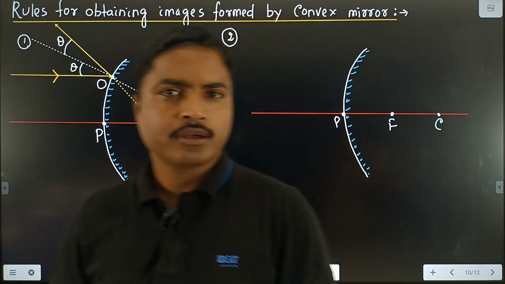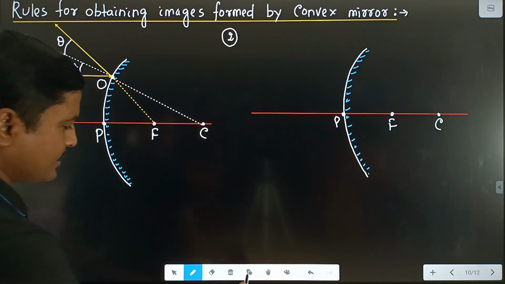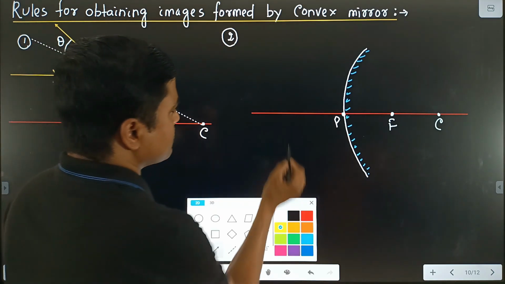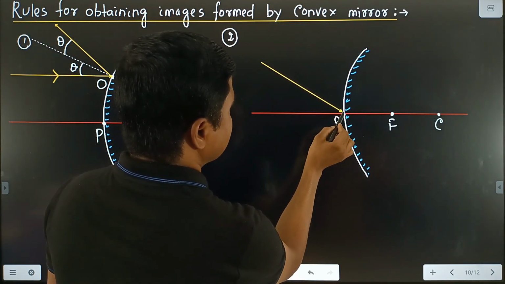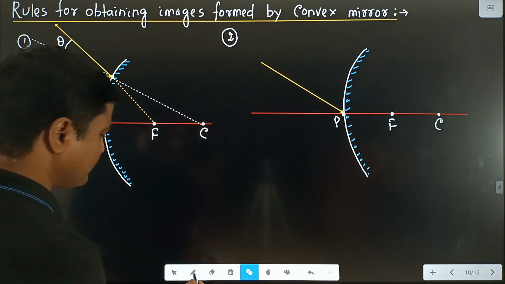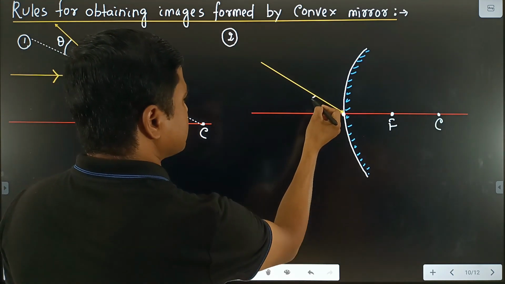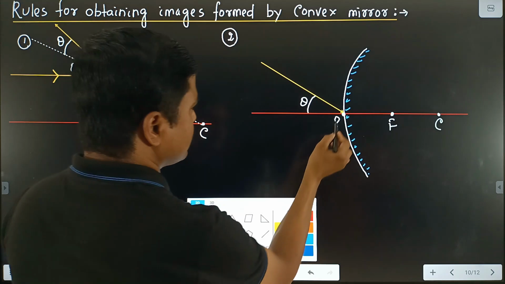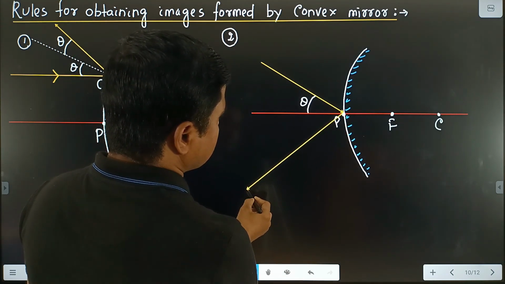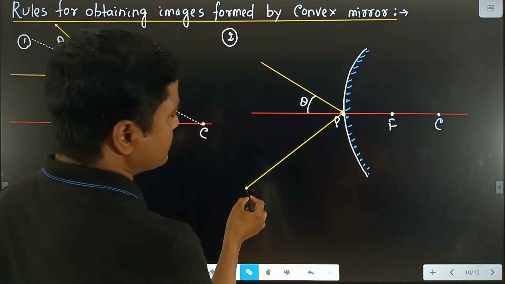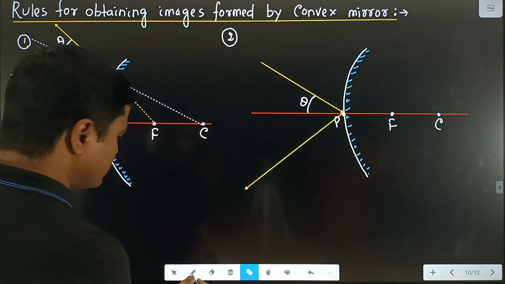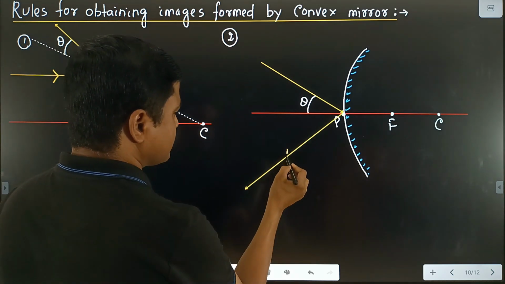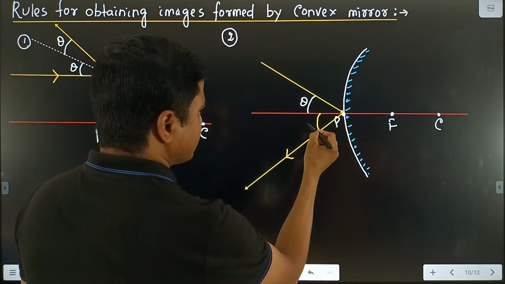Clear? And here the incident ray, suppose, makes some angle theta with the principal axis. Then the ray returns back into the same medium. This is the reflected ray, and this angle is also theta.